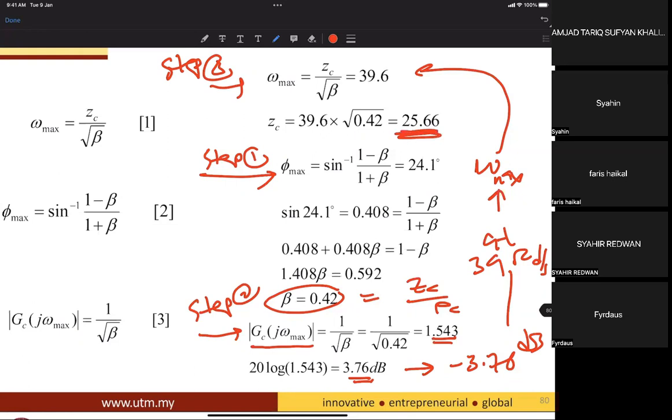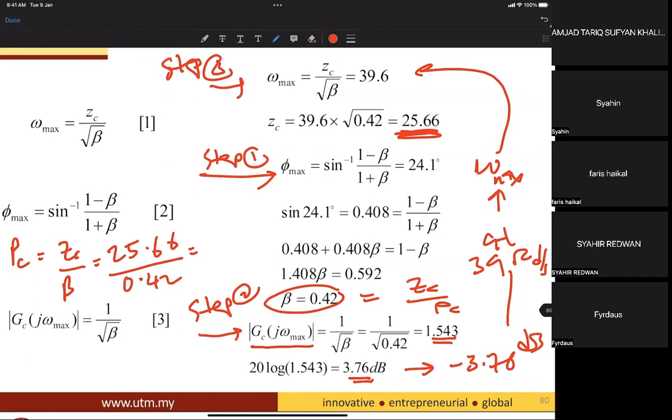Okay, ZC is 25.66, and from there we get PC. Beta is 0.42.